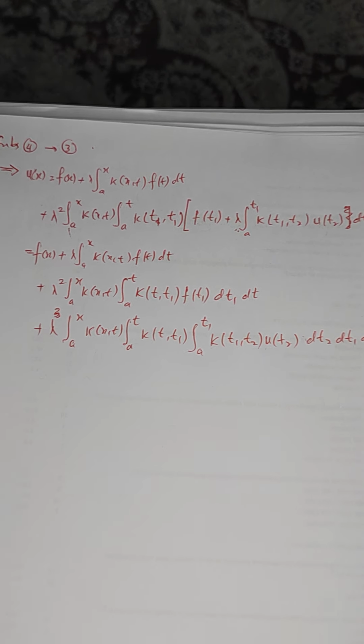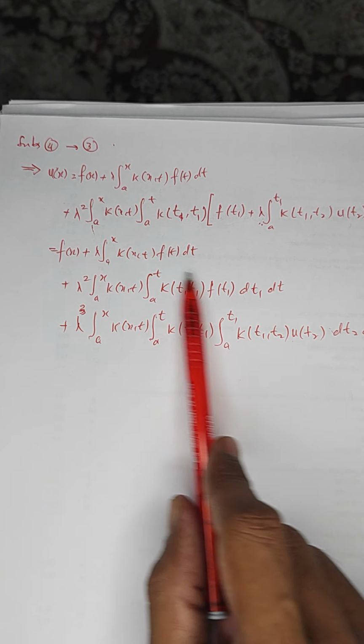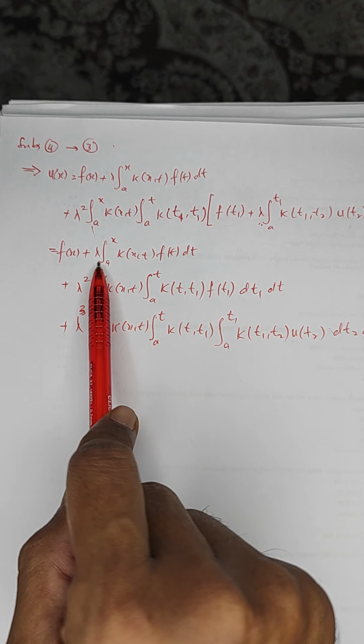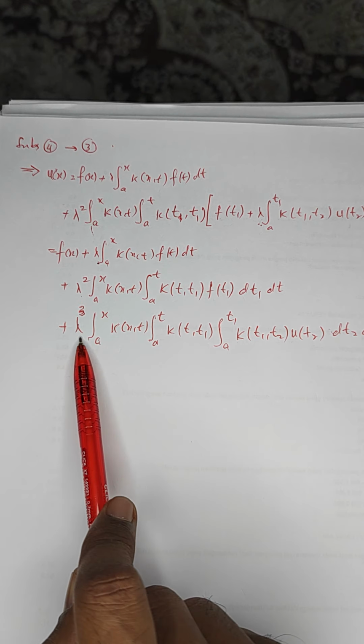Okay, observe that the solution is of that form where the first term is f(x), the second term has lambda, the third term has lambda squared, then lambda cubed.